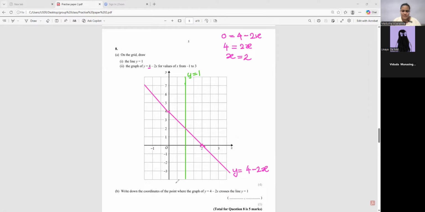So both are meeting here. Coordinates of this point: x coordinate is 1, y coordinate is 2. This line is not y equals 1, it's x equals 1. Y equals 1 is for all x values, the y coordinate is 1 here.